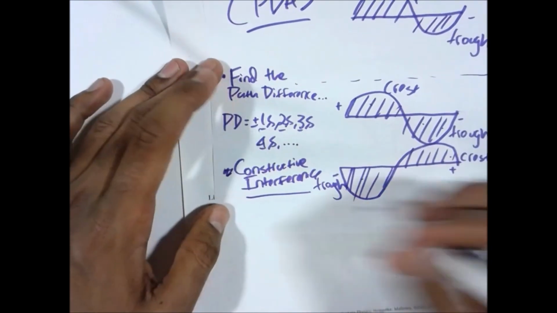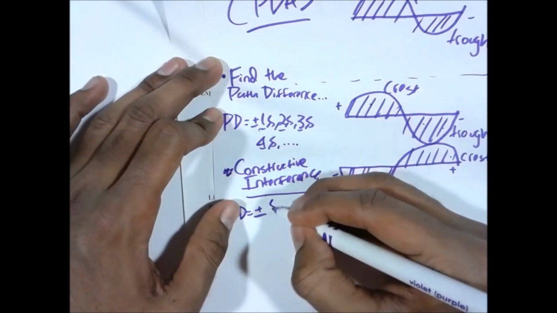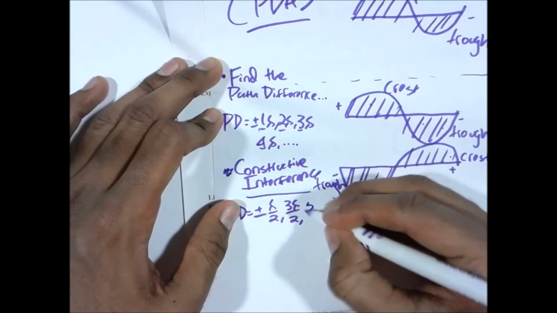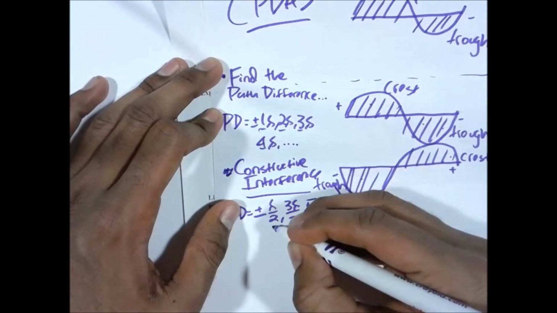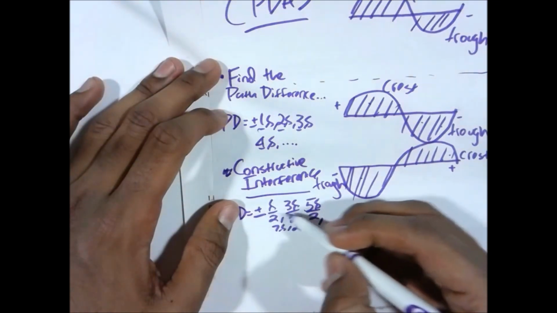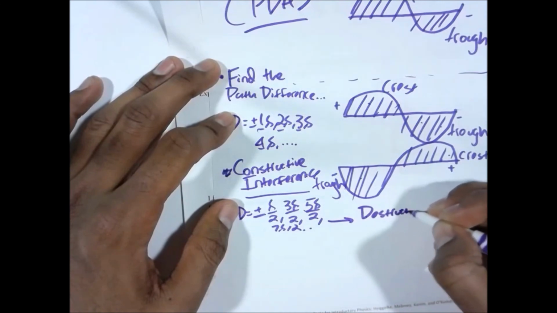Now, if the path difference is equal to 1/2, 3/2, 5/2, 7/2 wavelengths, any odd multiple of a half, or any half integer rather, you're going to have destructive interference.